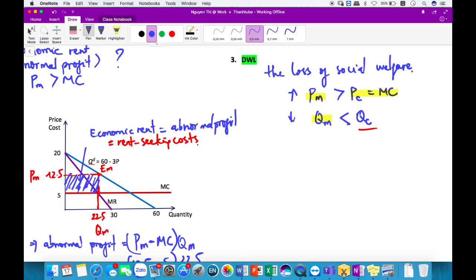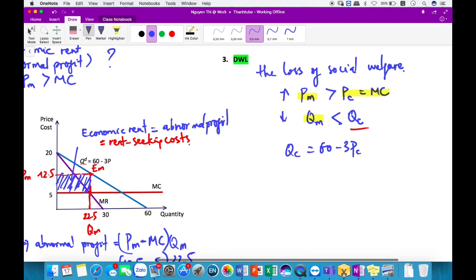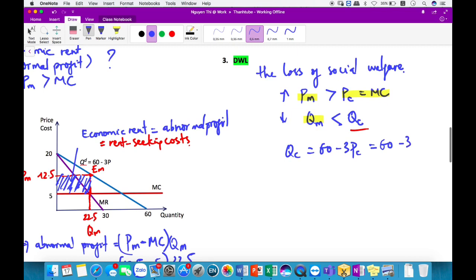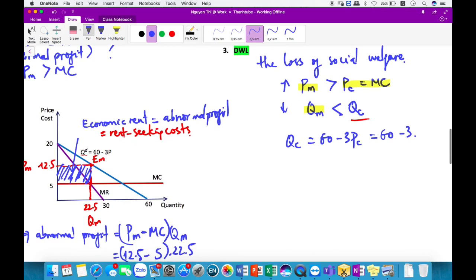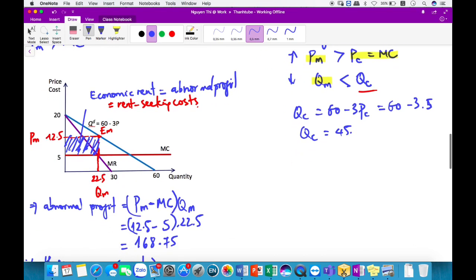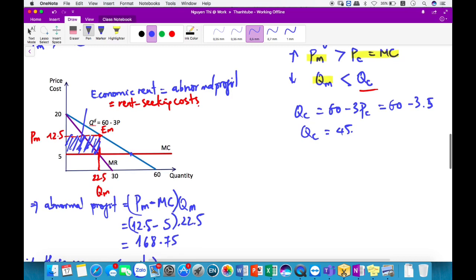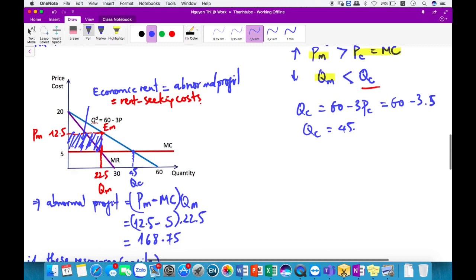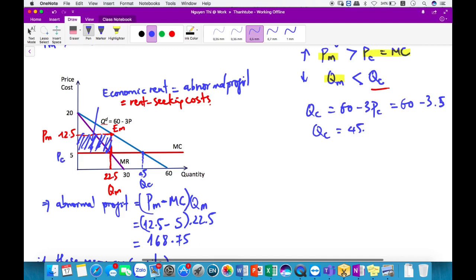From the demand curve, you have QC equal to 60 minus 3PC, equal to 60 minus 3 times 5, since PC is 5, or QC equal to 45. In this graph, it comes from the intersection between the demand curve and marginal cost, and you get that it's 45, this is QC and this PC is equal to marginal cost.